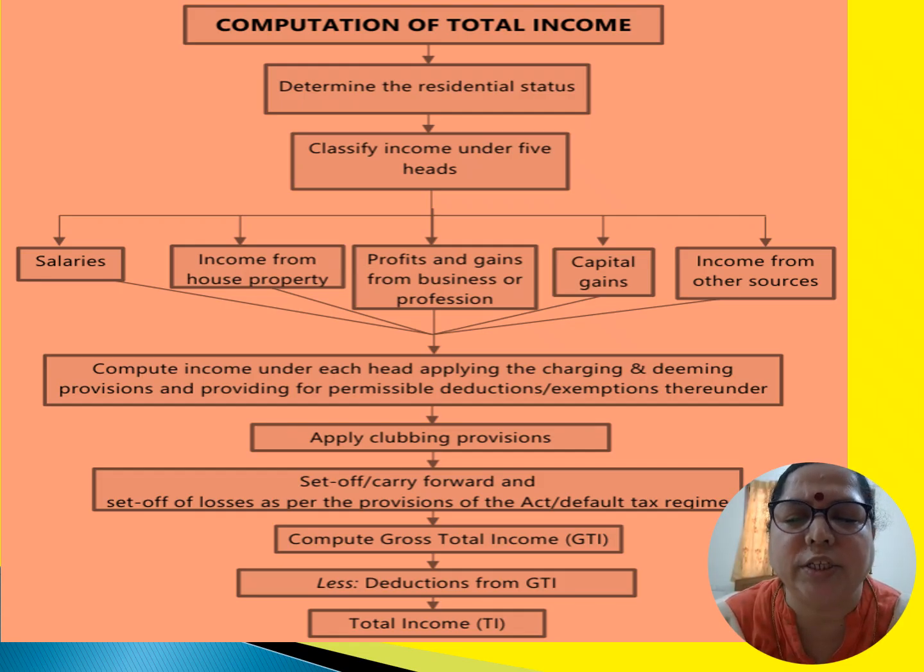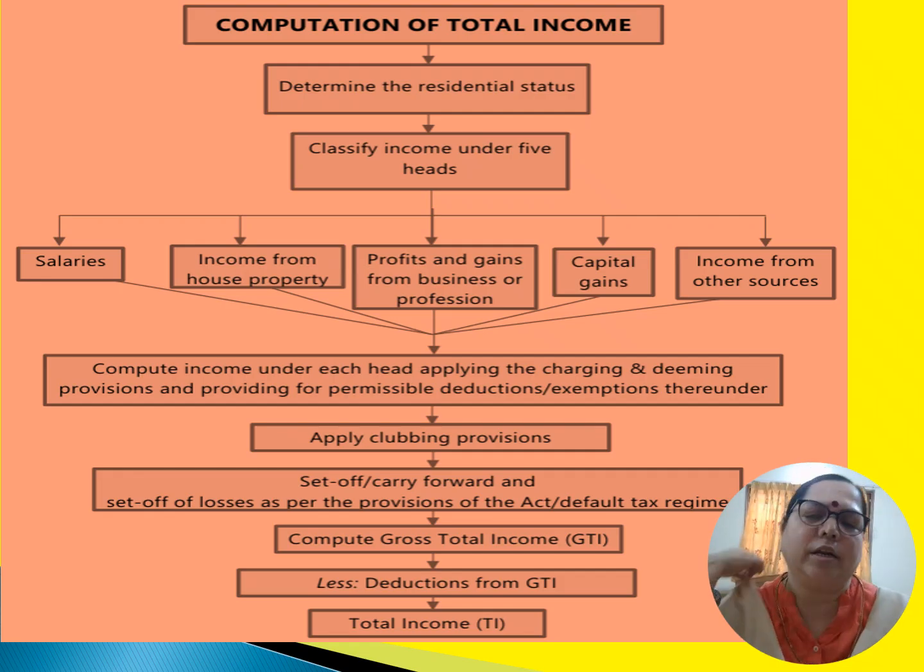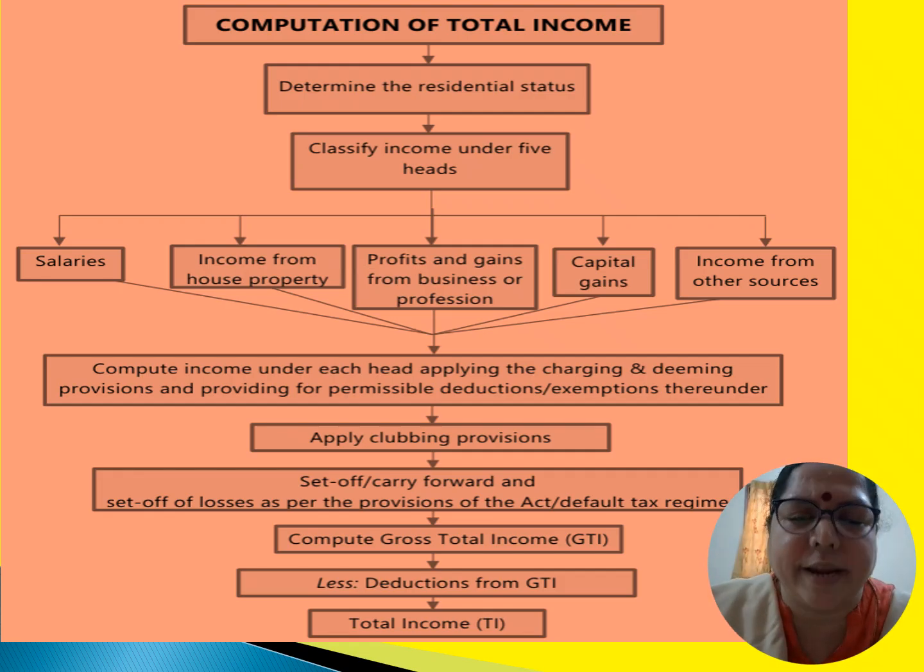Compute the income under each head applying the charging and deeming provisions and providing for permissible deductions and exemptions thereunder. So while calculating the income under all these heads, what are we going to take care of? We will consider the charging of income tax under the Income Tax Act under various heads, then deeming provisions, whether the income is deemed to be taxable or not, then providing certain permissible deductions under the Act and exemptions thereunder.